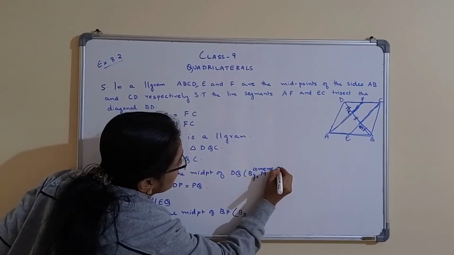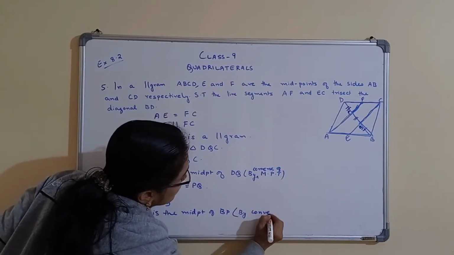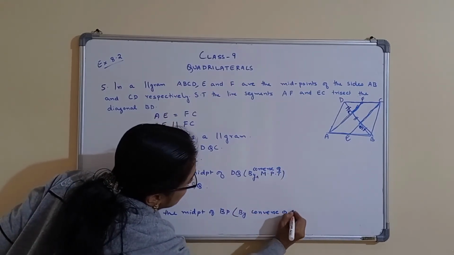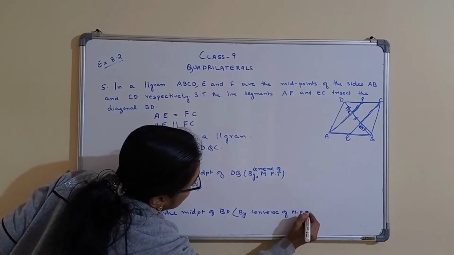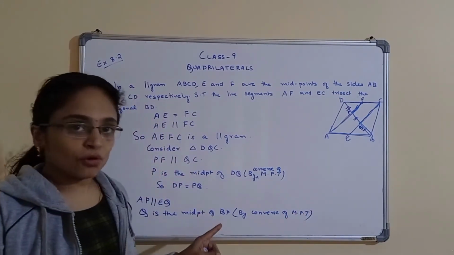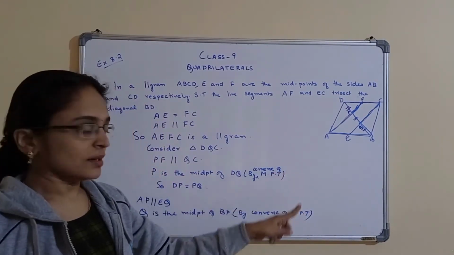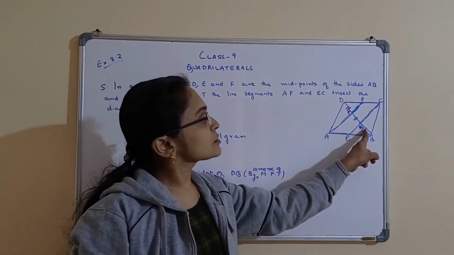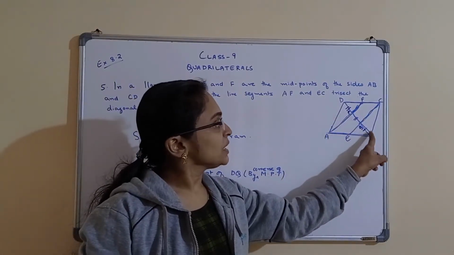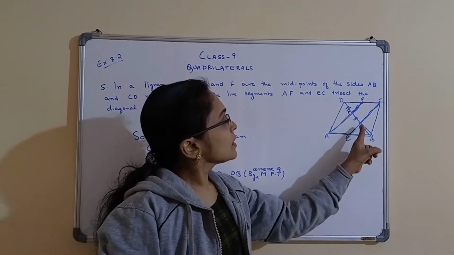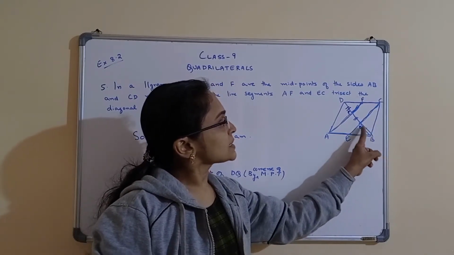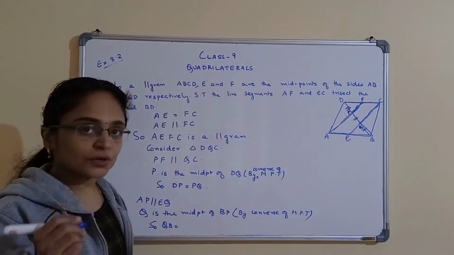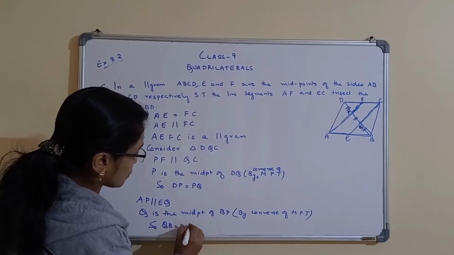So, by converse of midpoint theorem, we have proved that Q is the midpoint of BP, which means QB is equal to QP, or QB is equal to PQ.